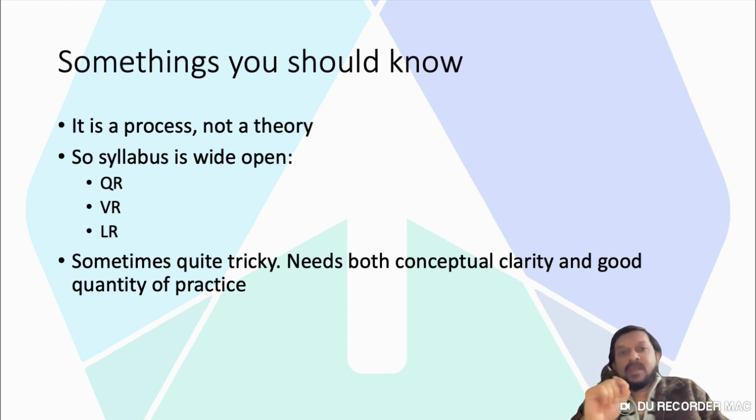And therefore, for doing well in data sufficiency, it is very important that not only your concepts are clear, but you also have ample quantity of practice. Perhaps this is one area which requires the highest amount of practice.